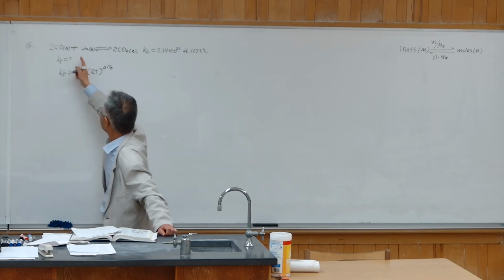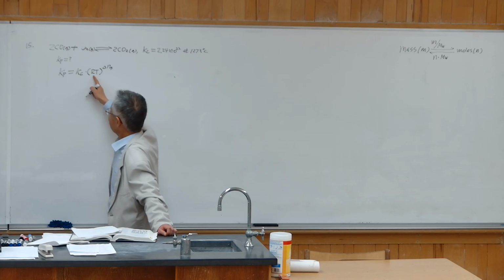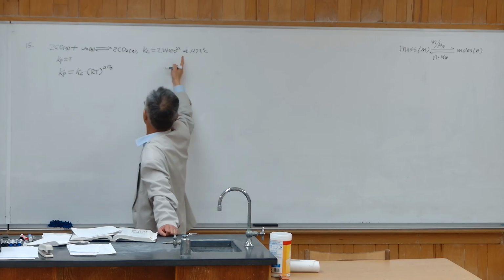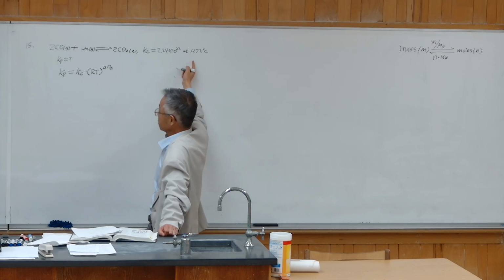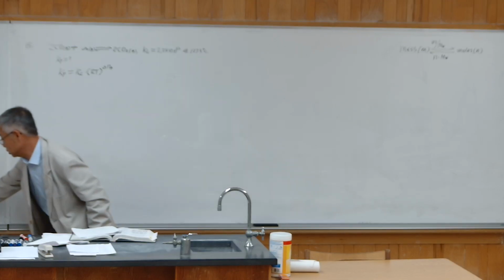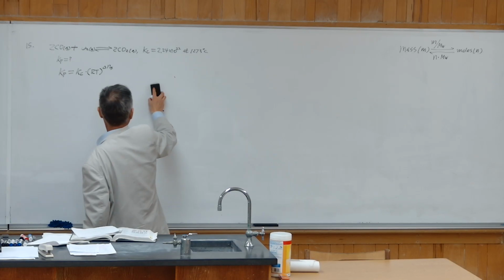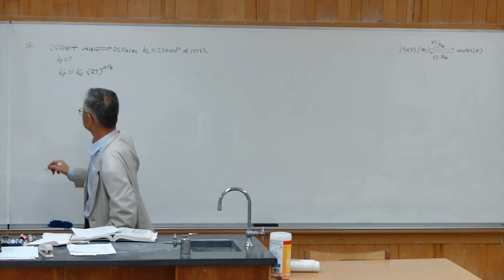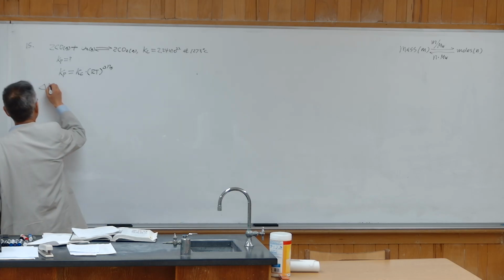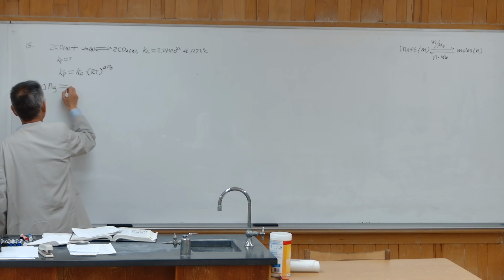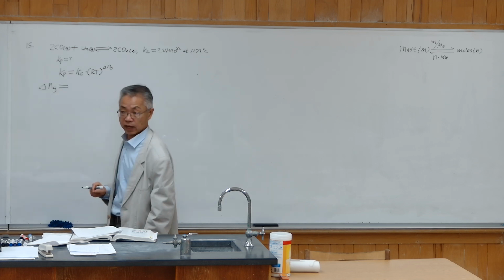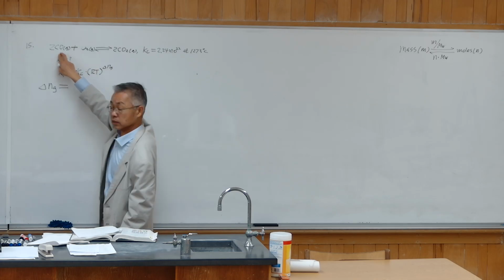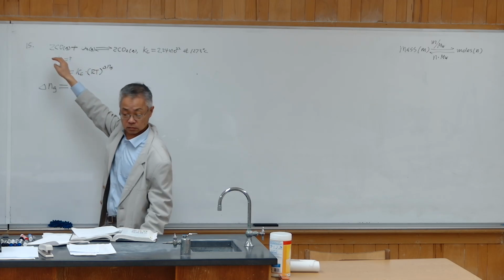Kc is a known value. R, the gas constant, is a known value. T is temperature in Kelvin, of course. We need to convert the Celsius into Kelvin, right? So we need to figure out delta n first, right? What is delta n? The moles of gas in product minus moles of gas in reactants, right?